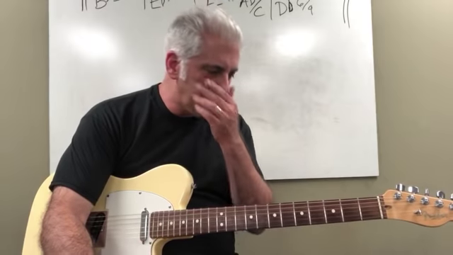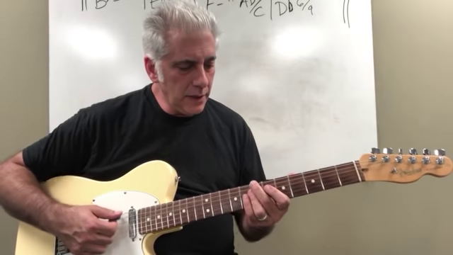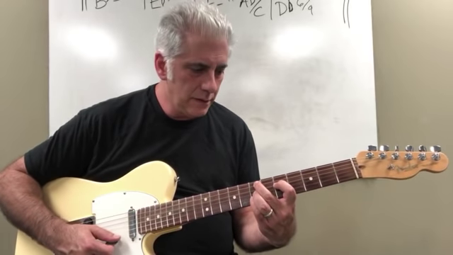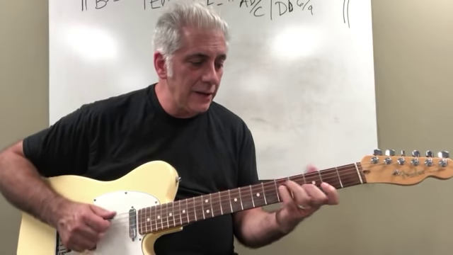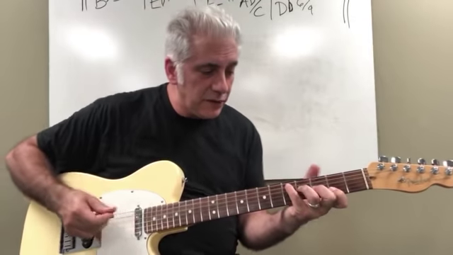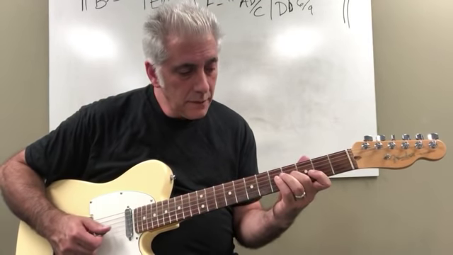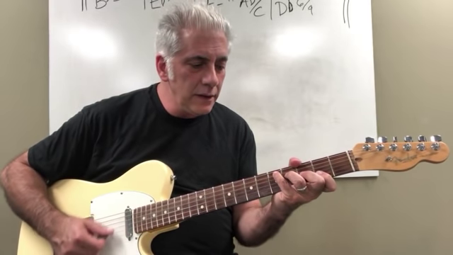If I'm doing a progression, let's say I'm doing E minor 7 to A9 to D major 7 sharp 5, oh, I erased it. That sharp 5 usually resolves up to the 6th.